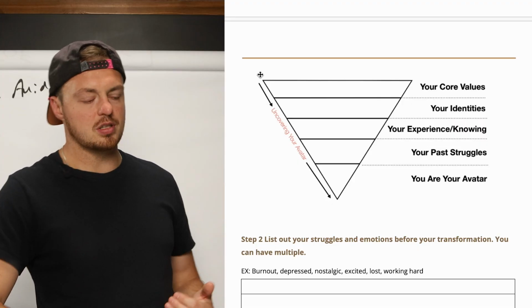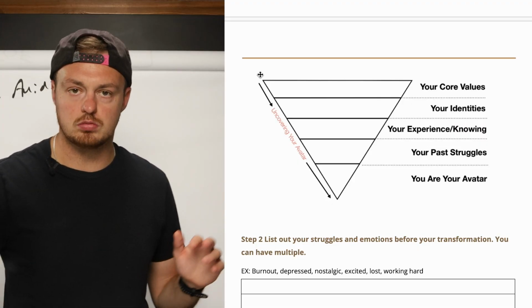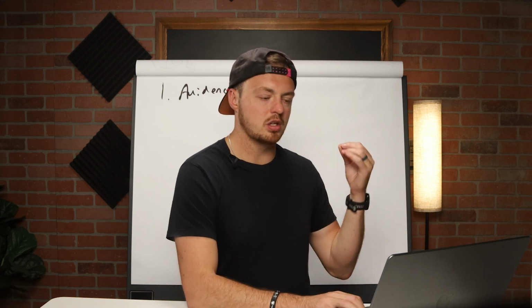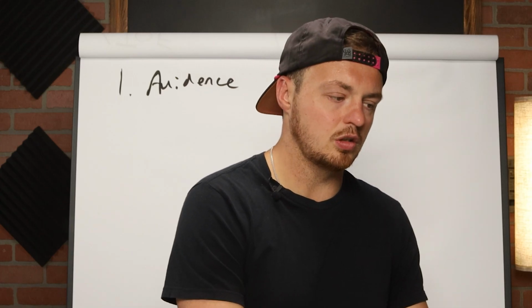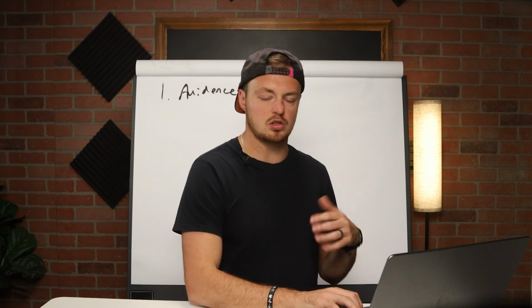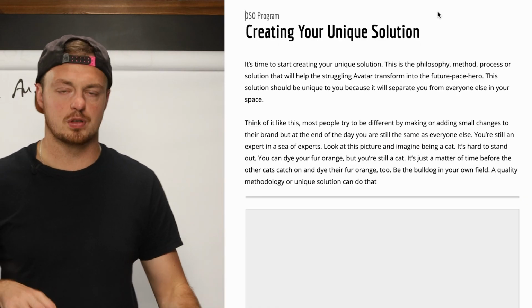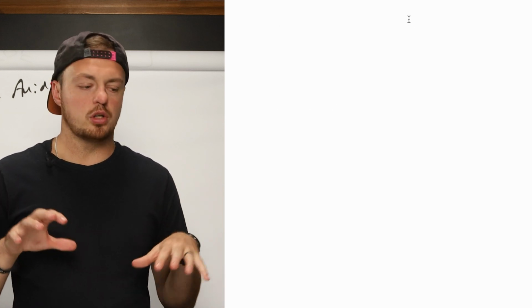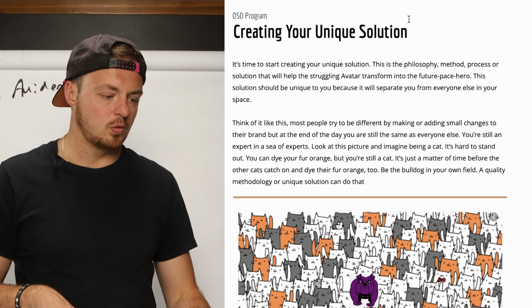And so you're going to jump into this and figure out, okay, what is my customer? Who are they? Because if I know who they are, I can offer a solution, right? So number 1 is, who is your audience? The next thing you need to be able to do inside of here is your unique solution. How is your clothing brand different? This document also breaks down how your customer is different for you.